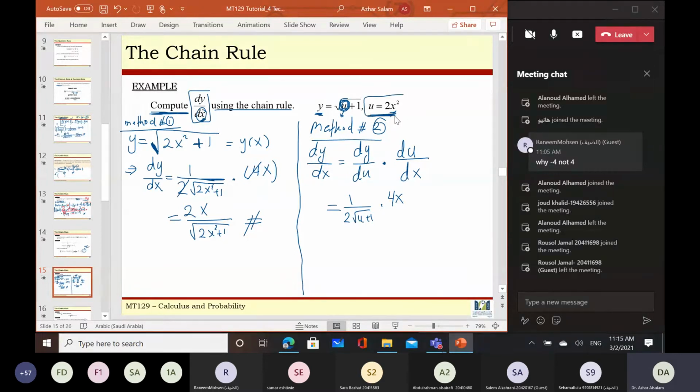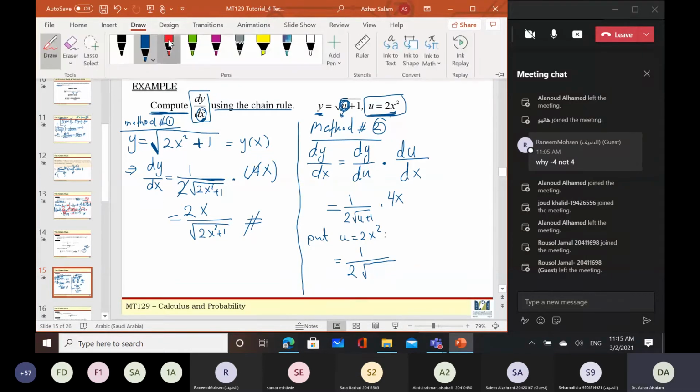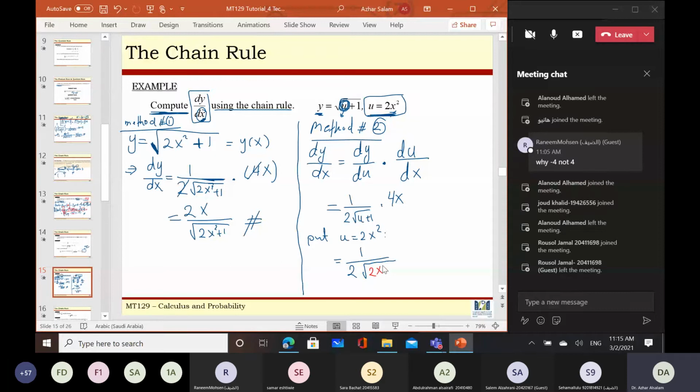But I have actually the value of u, so I will replace u by its value, which is 2x squared, okay? So it will be equal to 1 divided by 2 square root of, instead of u, I write its value as we said, which is 2x squared plus 1.